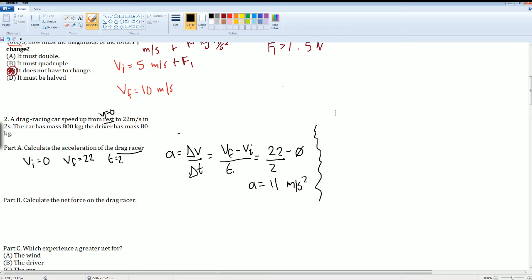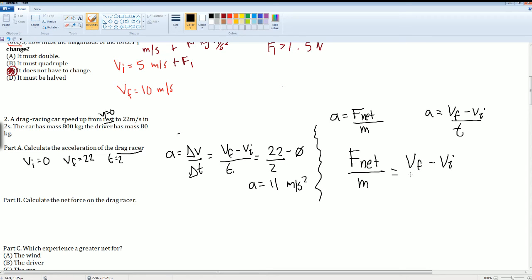Remember our equation from Newton's force, F net is equal to mass times acceleration, but we also know that A is equal to V final minus V initial over T. Technically, F net divided by mass is the same thing as V final minus V initial divided by T. So F net can just be defined as velocity final minus velocity initial divided by time, multiplied by mass.